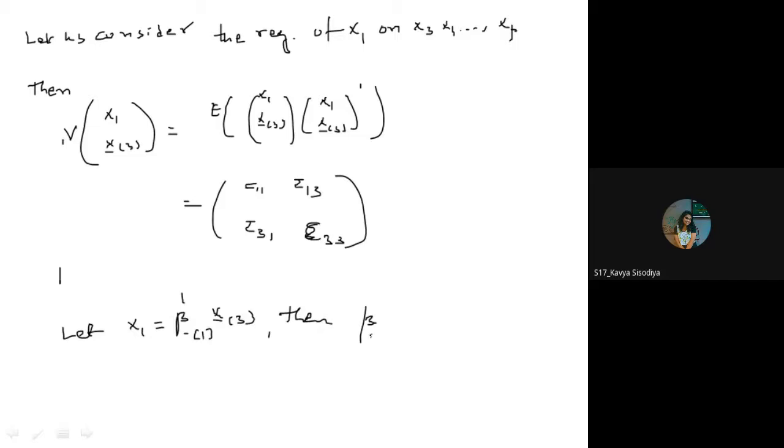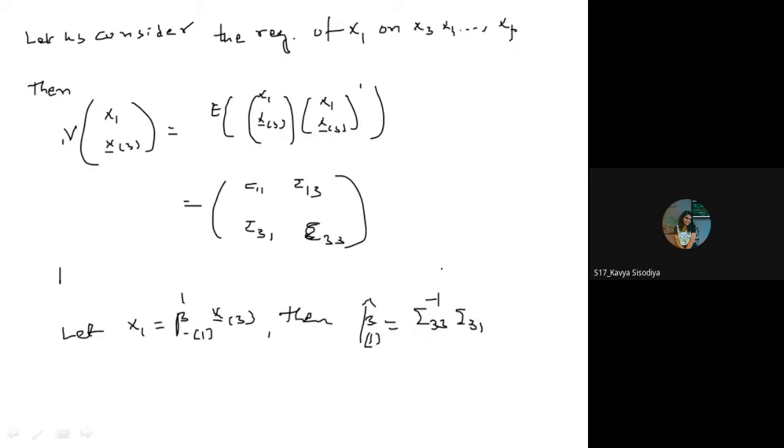We have seen earlier, when we just regressed x1 on x2, we found the estimate of beta as sigma 22 inverse sigma 21. So here instead of 21, it is 33, so it is sigma 33 inverse, and what is that? It is sigma 31.